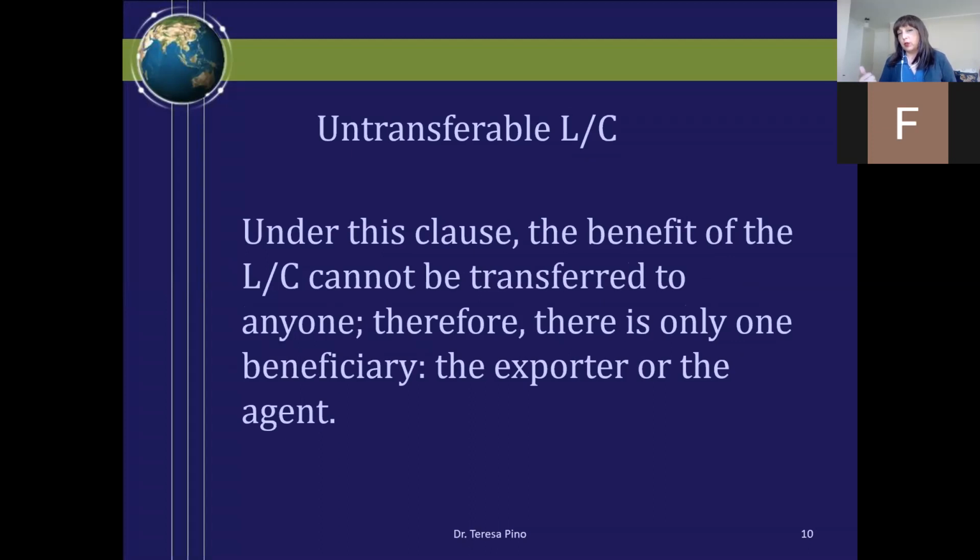So you're going to have an irrevocable, untransferable, green clause, time, confirmed letter of credit. It is one document. It means that you have all those conditions in that particular transaction. It doesn't mean that you're going to open a letter of credit to be transferable, another letter of credit to be red clause, and so on. These are all the conditions in one particular document.